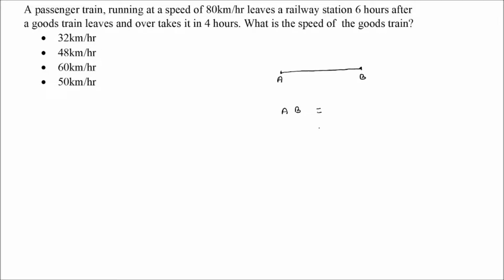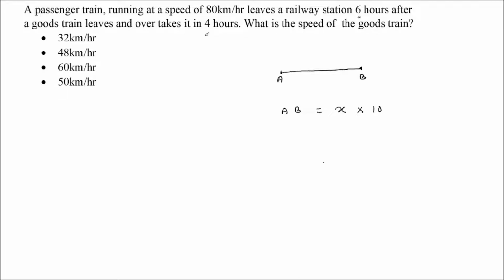That means the time taken by the goods train to reach this point is 6 hours plus 4 hours, that is 10 hours. We have to calculate the speed of the goods train. So speed is, suppose this is x into 10.